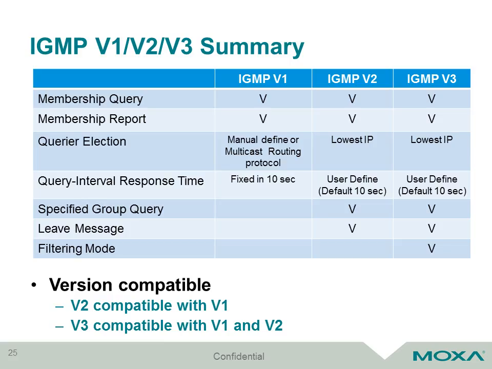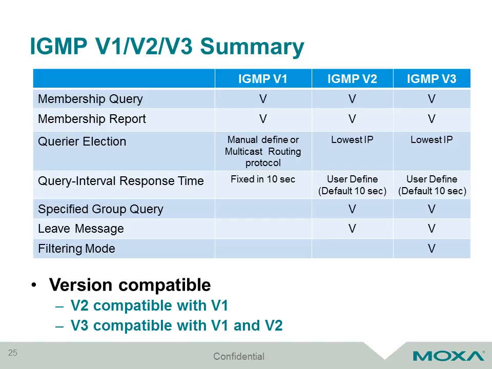Here is a table to summarize IGMP version 1, version 2, and version 3. As you can see, IGMP version 1 was the first version, so it offers membership query, membership report, query election, and query response interval. Since many limitations of IGMP version 1 were discovered, IGMP version 2 offers query election, adjustable query response interval, group-specific query, and leave message.